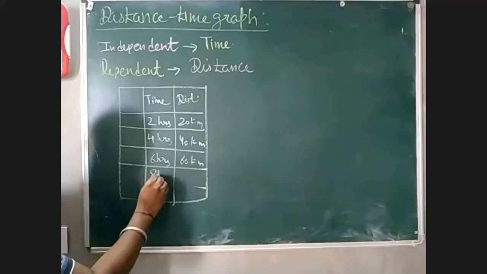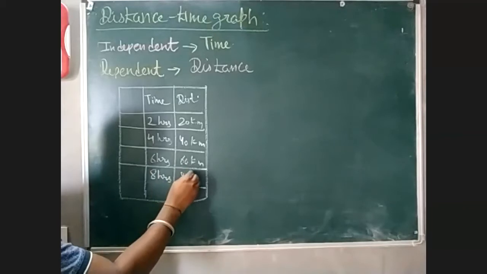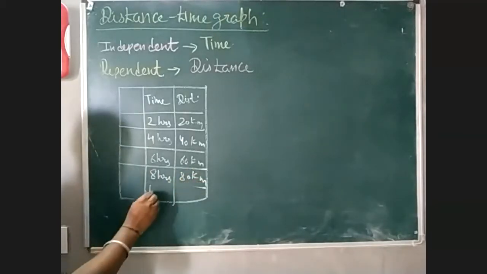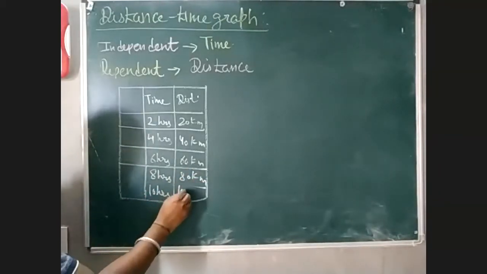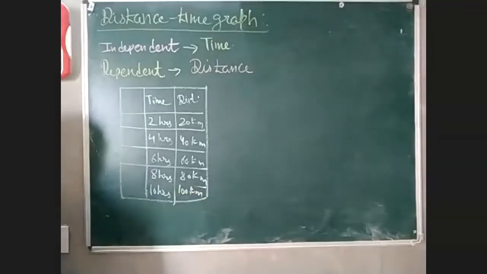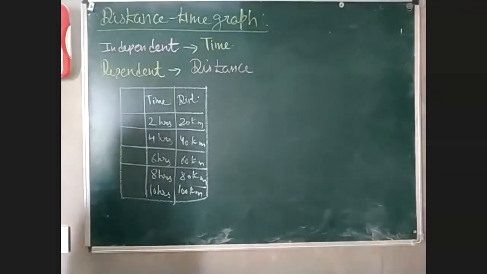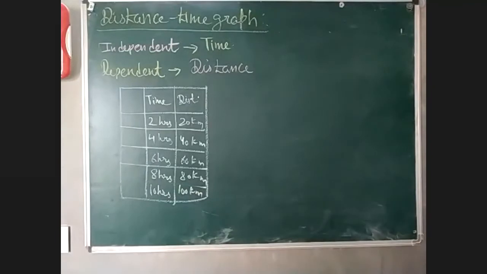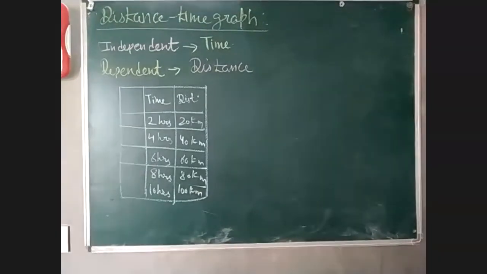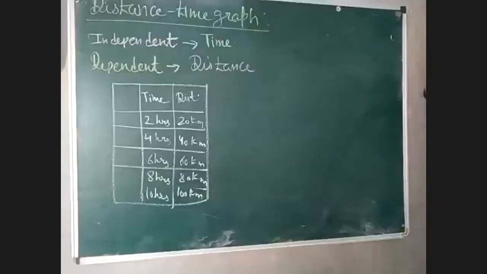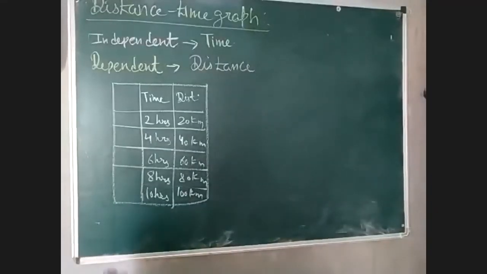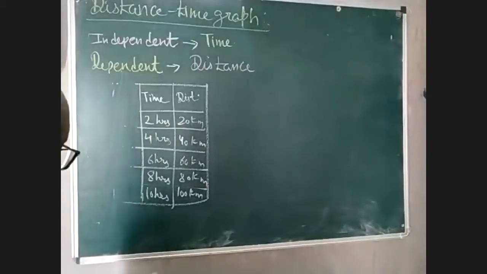Time is 8 hours, distance is 80 kilometers. Time is 10 hours, distance is 100 kilometers. So now these are the values which are given to me. I will draw a graph by using these values, right? So let us use these values to draw a graph.